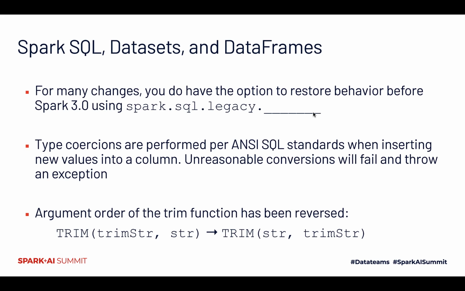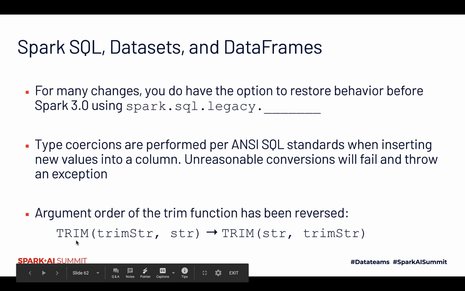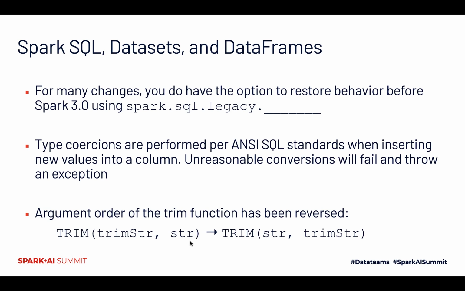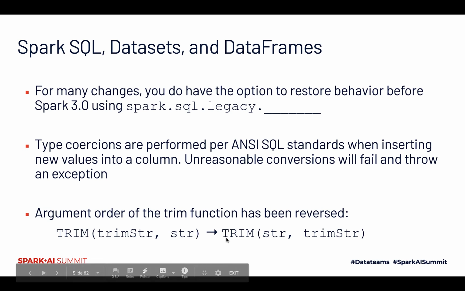Another big change has to do with SQL compliance. For example, it used to be that in Spark, if you used the trim SQL function, you would give it the characters that you're trimming off and then the string. But ANSI SQL, everybody else in the SQL world, had the order reversed, where you would go trim, give it the string, and then the characters you want to strip off.